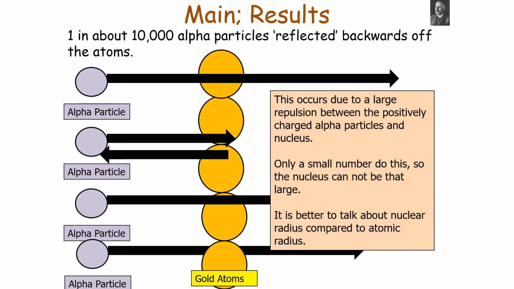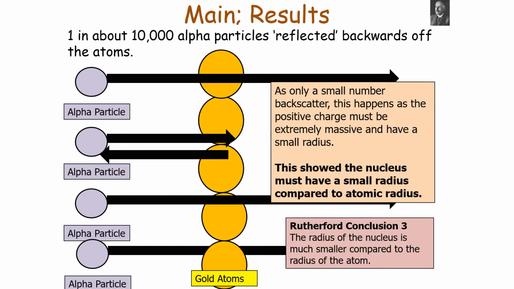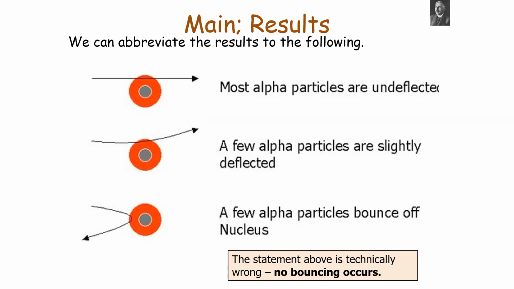Now, it's better to talk about sizes in terms of a nuclear radius compared to atomic radius. So this showed us that the nucleus must have a much smaller radius than the atom. So remember, most alpha particles pass straight through, some deflect away from the atoms, and some reflect backwards off the atoms when they carry out this experiment.